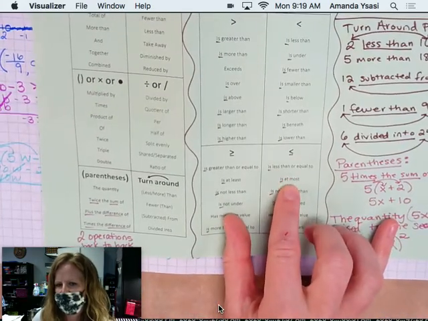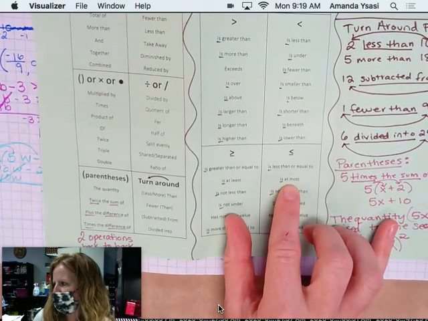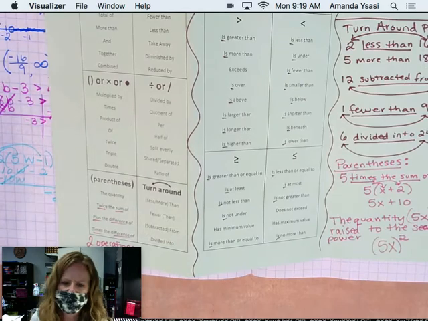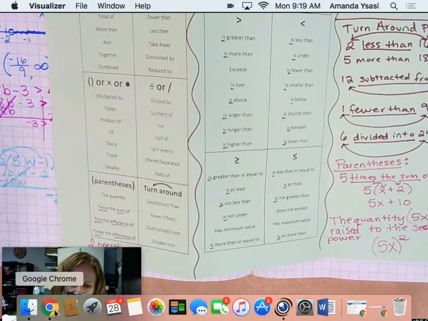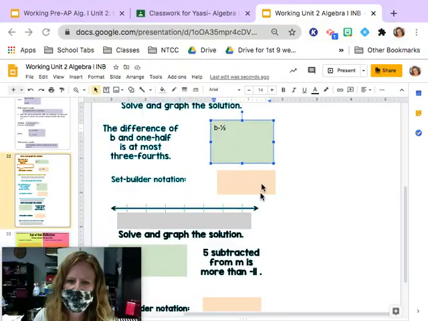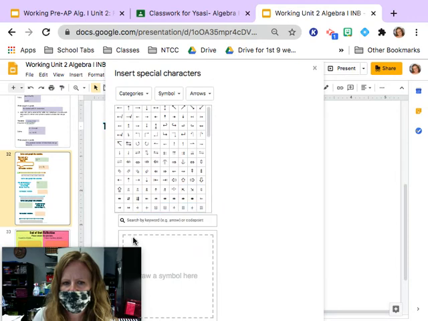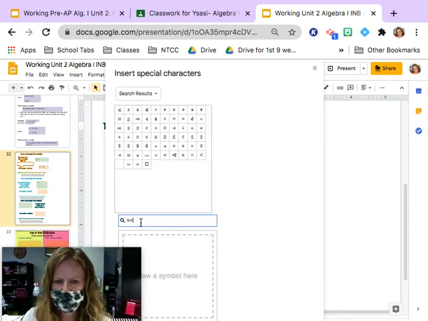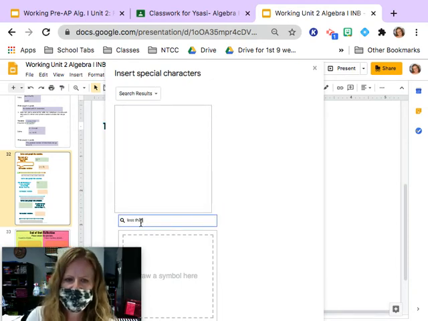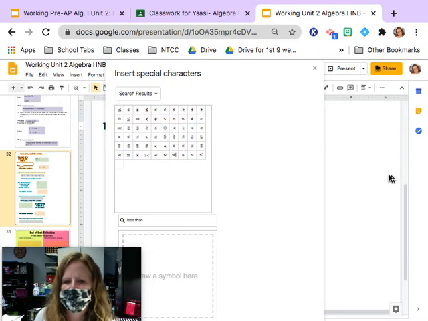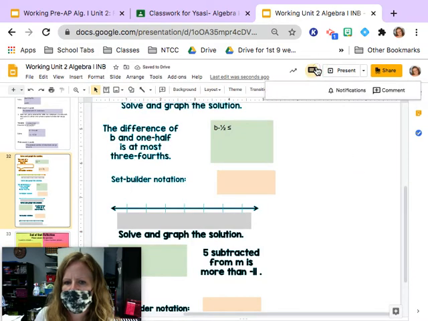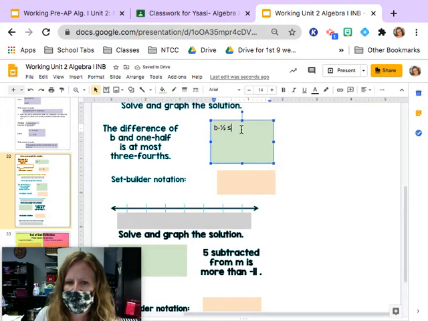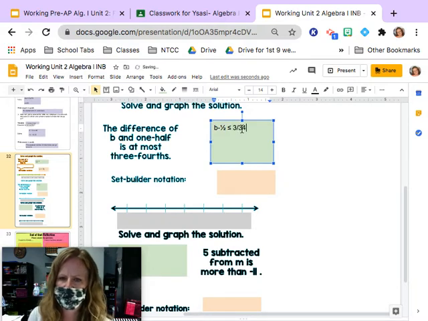Is at most, so it's less than or equal to. I'm going to insert that special character. Less than or equal to 3/4.